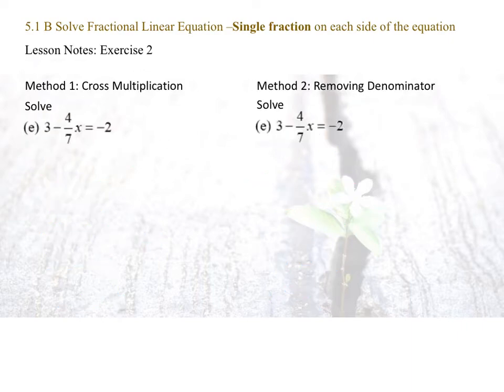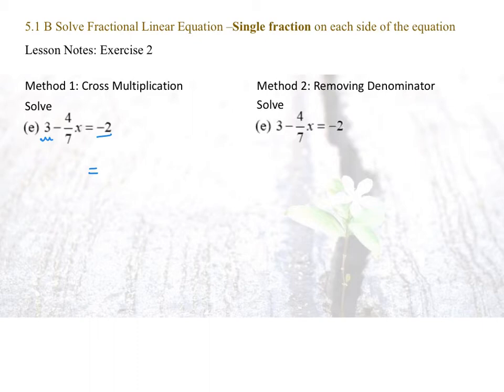Exercise 2, question E. So now in this case, we'll try to have the left-hand side as a single fraction. However, we notice there's a number 3 with the negative 4 over 7x and negative 2. We can collect the like terms together on one side. So in this case, I'll try to remove the number 3.